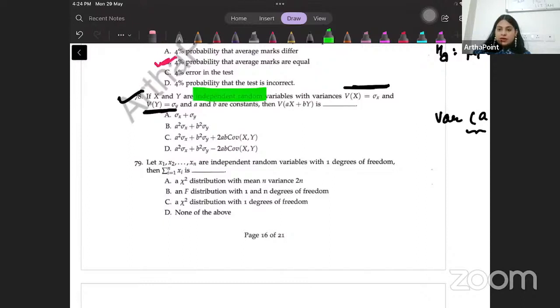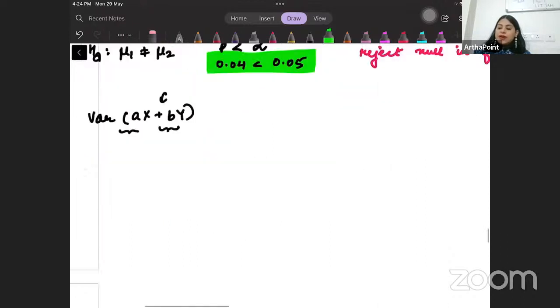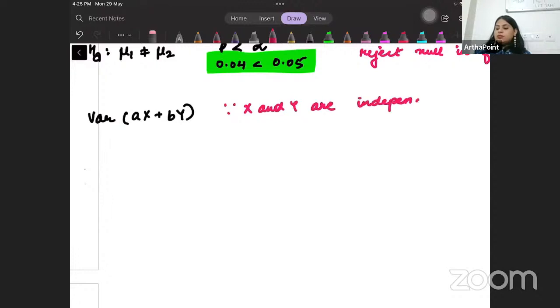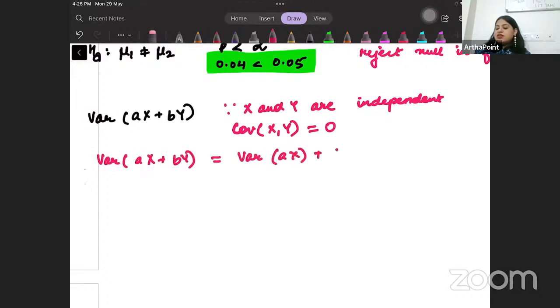Because x and y are independent of each other, beta, we will have covariance of xy as 0. So variance of ax plus by will be variance of ax plus variance of by.